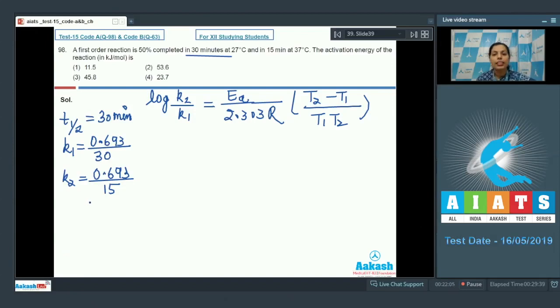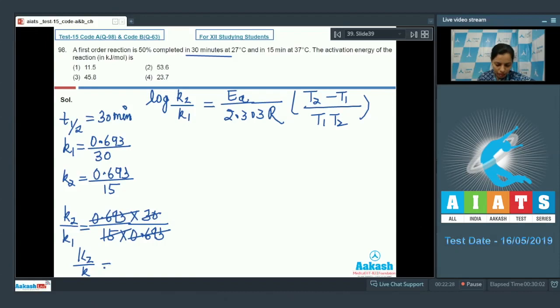So what would be the relation between K1 and K2? In this case, the relation becomes K2 by K1, which is equal to 0.693 by 15 divided by 0.693 by 30. And it can be written that K2 by K1 is equal to 2.